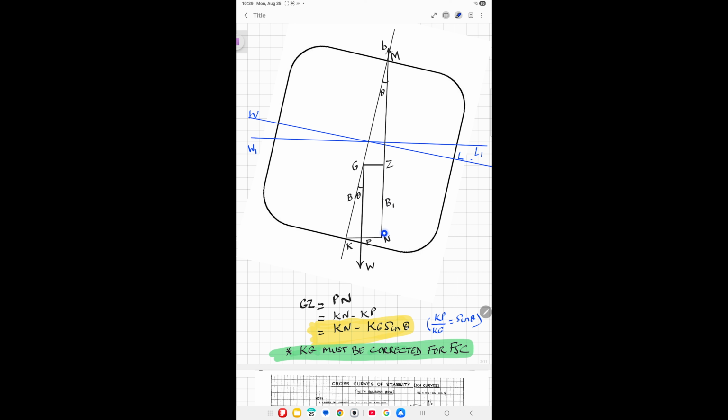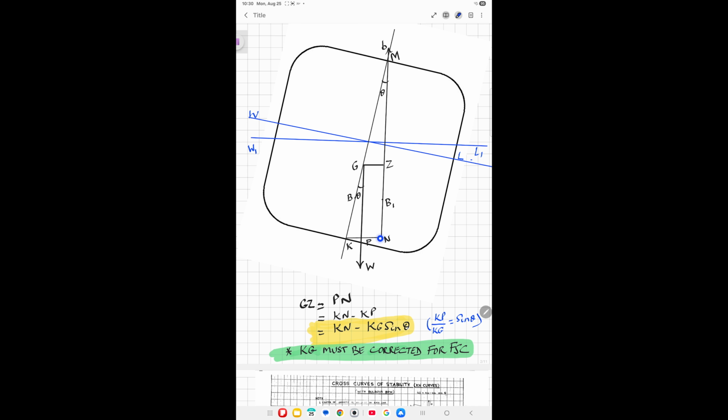So we draw this buoyancy force line first, and now we draw two perpendicular lines, one from the center of gravity G on this buoyancy force line, and we call that GZ, the righting lever, and another perpendicular from the keel point K on the buoyancy force, and call that N.